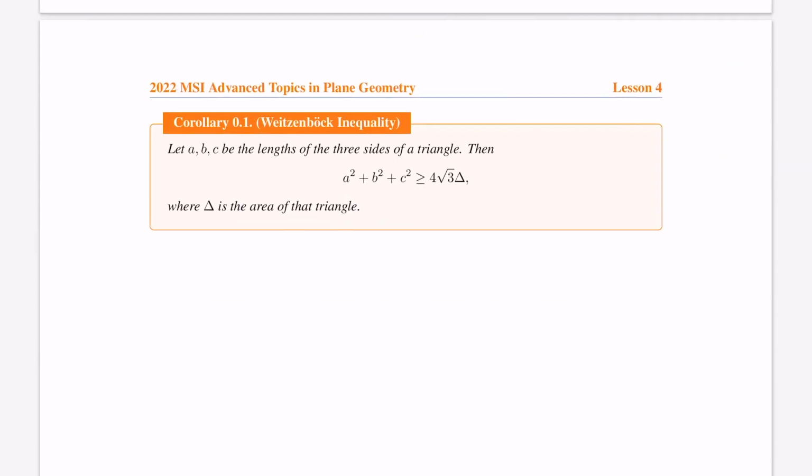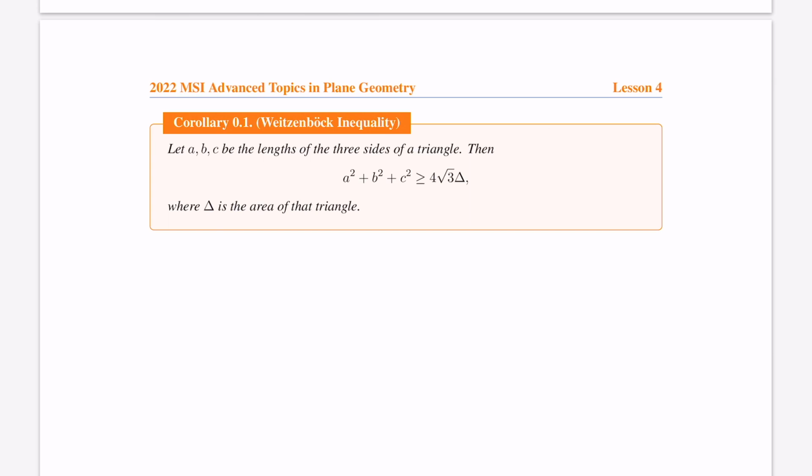All right, so let's say I have the Weitzenböck formula in triangle geometry. So let ABC be the triangle, and so a squared plus b squared plus c squared is bigger than 4 times square root 3 times the area of that triangle. That's called the Weitzenböck inequality. And how to prove it?